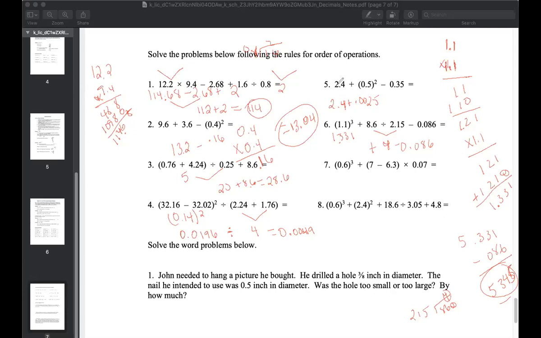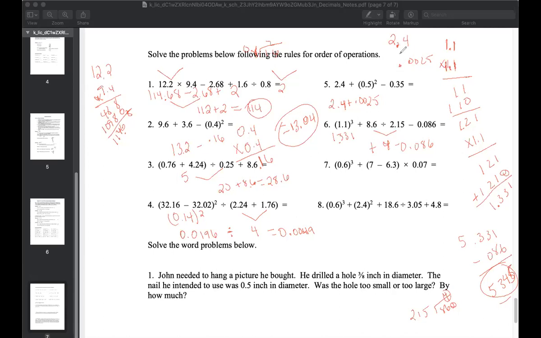Okay, so we have 2.4, right? Plus 0.0025. How do you add that up? Oh wait, I think I'm lining them up wrong. Well, how do you line them up? I put the decimal point between the two zeros, because up top it has 2.4.